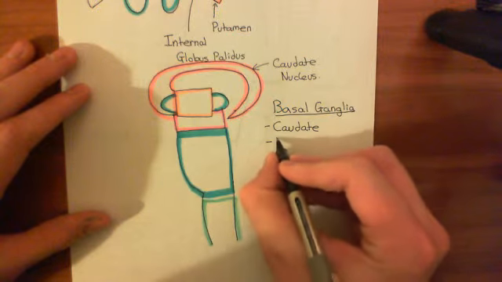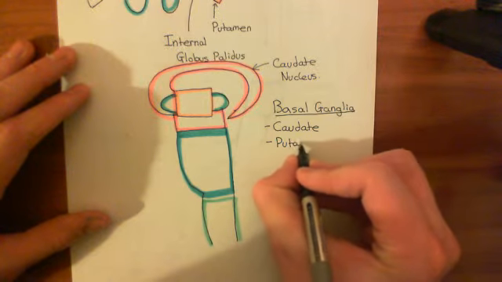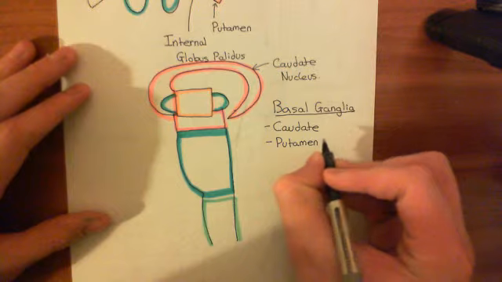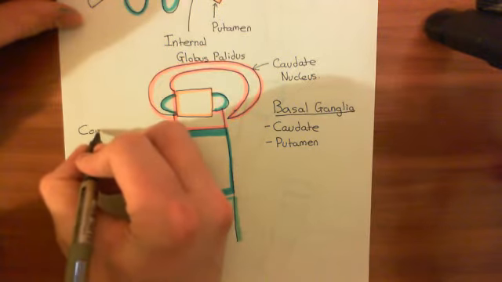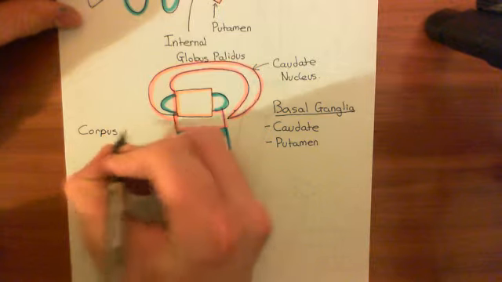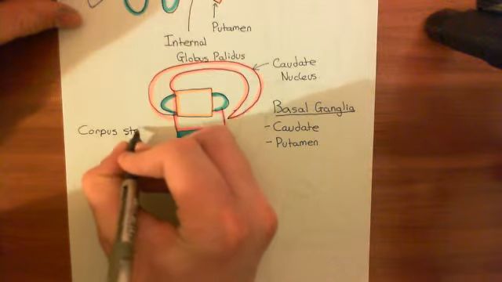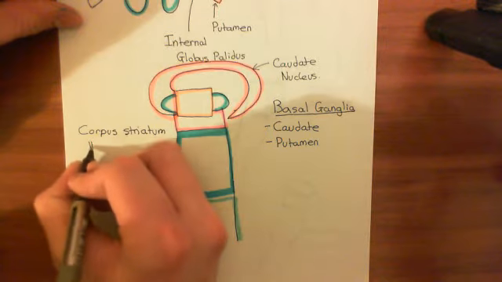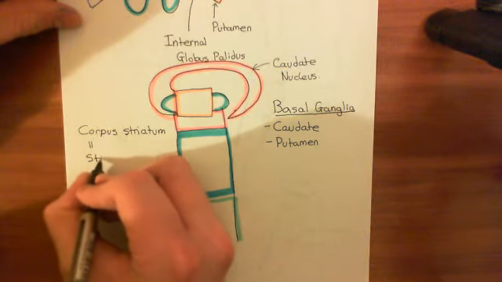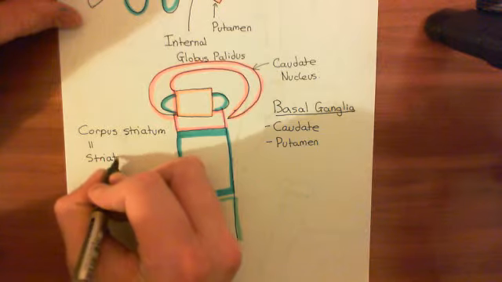The putamen, and by the way, some interesting terminology for you. When people talk about the corpus striatum, okay, so you will hear people talk about this a lot, corpus striatum, or they will just say the striatum. Old neuroscientists often will talk about the striatum, assuming that you know what it means.